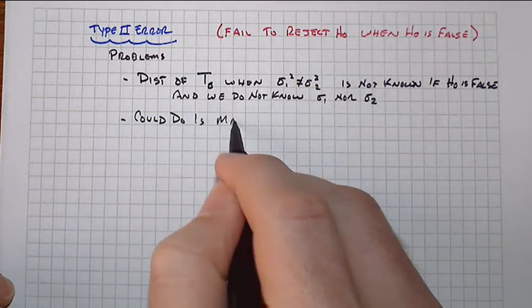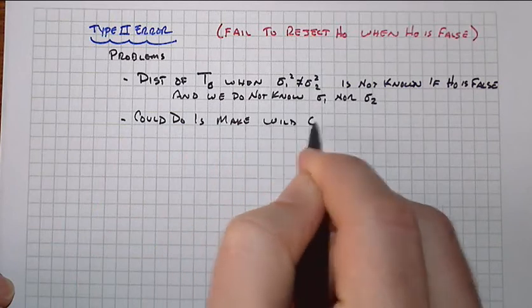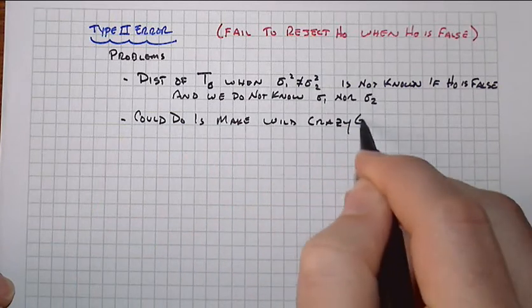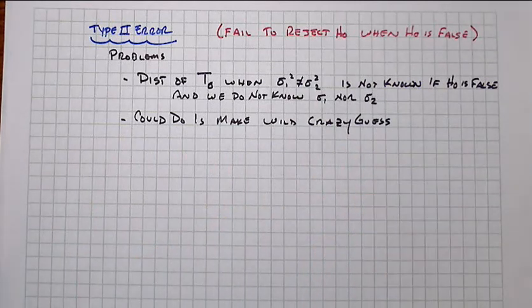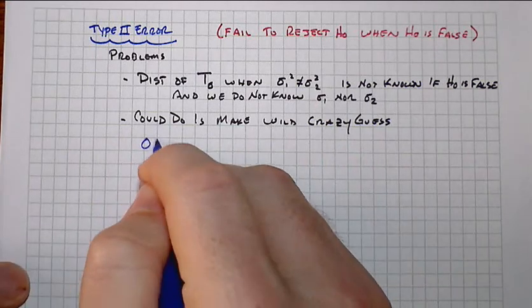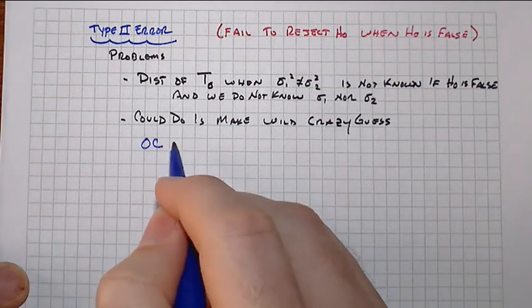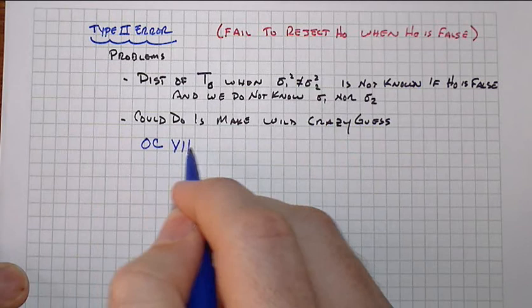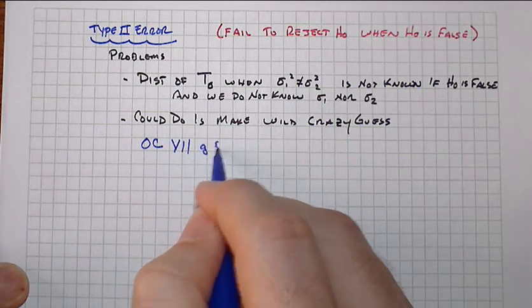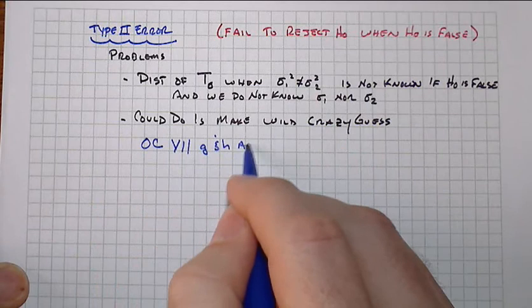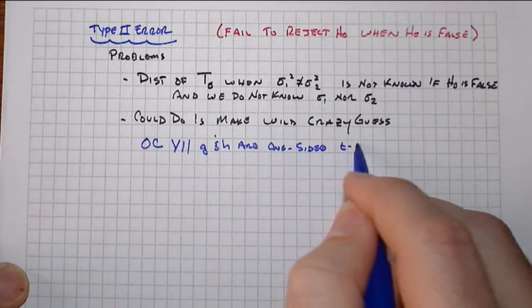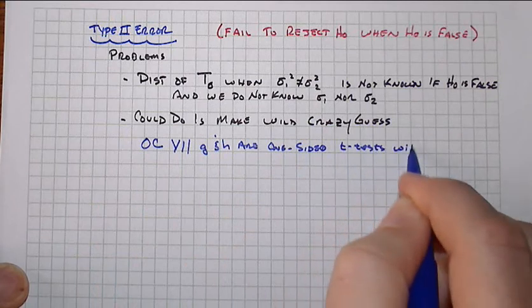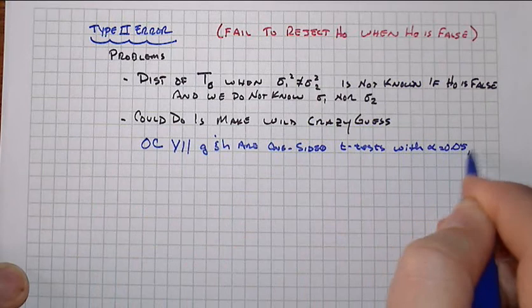Right? So what we could do is make a wild, crazy guess. Do all the things that we're not supposed to do. In other words, if you look at the operating characteristic curves in your textbook, back in the appendix, charts 7G and H are one-sided t-tests with alpha equaling 0.05 and 0.01.